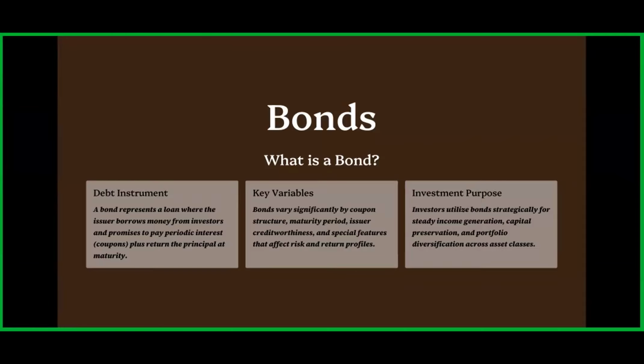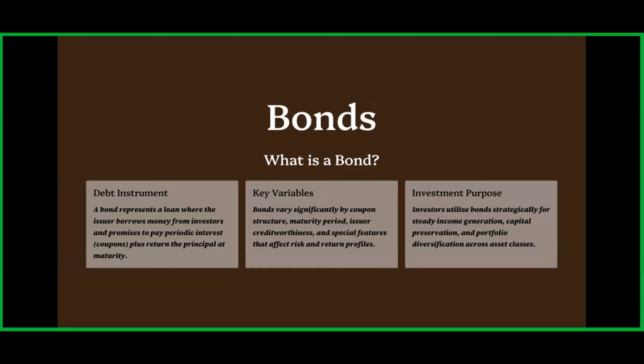That means he issues that instrument, a piece of paper, and in that bond he writes down all the conditions: the face value of the bond, the discount value, the interest rate, which we call the coupon, and the maturity date. All these things are written in the bond clearly.